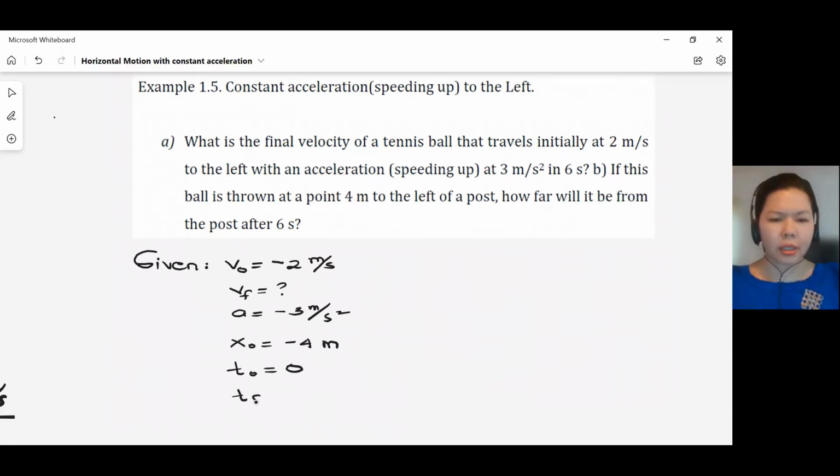T final here is 6 seconds and X final is unknown. For letter A, we will be solving for the final velocity.